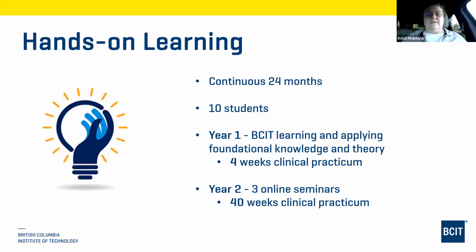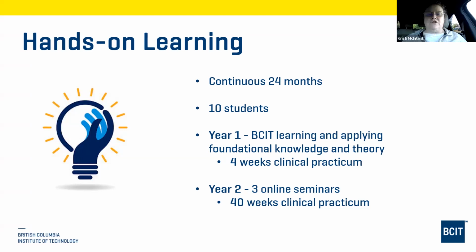And then in the second year, there are 3 online seminars while they do 40 weeks of clinical practicum. The clinical practicums are times when you go out to a hospital and work in a hospital. So you do 3 12-week clinical practicums, separated by 2 weeks.